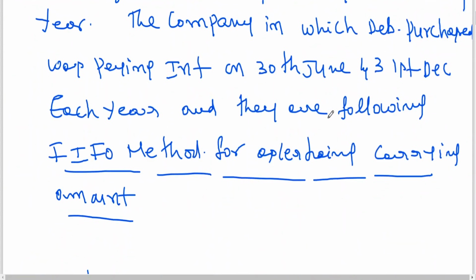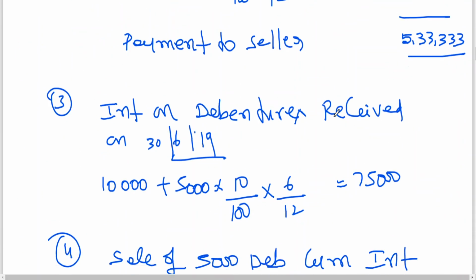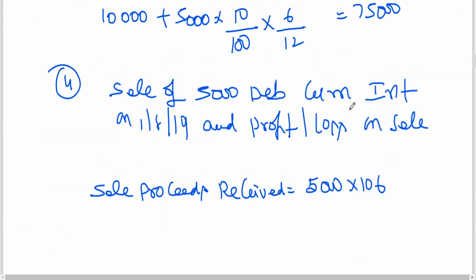Now you are the seller. You are getting 5,30,000. Now this is including interest, no? So from this you should deduct interest, since it is cum interest.